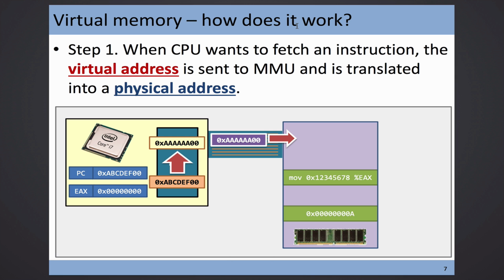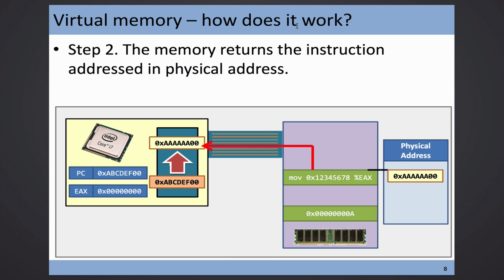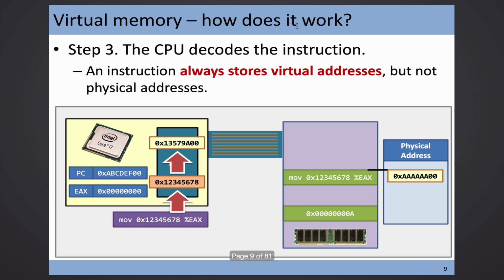It still hosts virtual addresses. So when we ship this instruction to here, next, when we try to execute this statement, it will know that this address, 1, 2, 3, 4, 5, 6, 7, 8, is in a virtual world. So I need to do one more translation because I want to execute now.